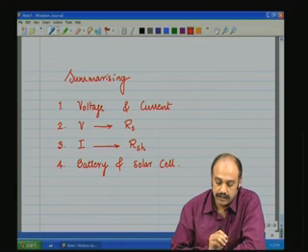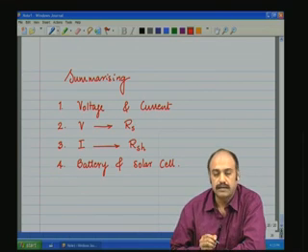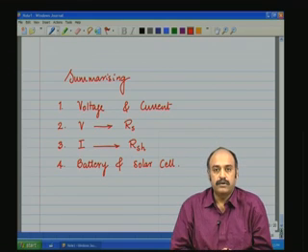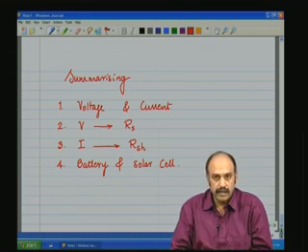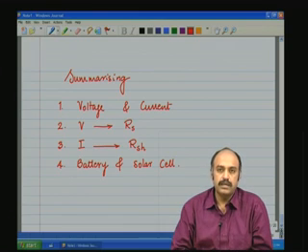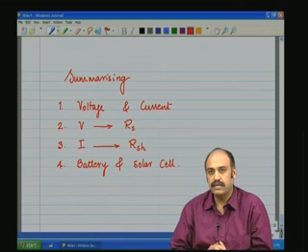You should keep in mind that the internal resistance Rs and the R shunt that we have seen in the discussion of today need not be purely resistive. It could also be inductive, or it could also be a combination of resistive, inductive and capacitive.